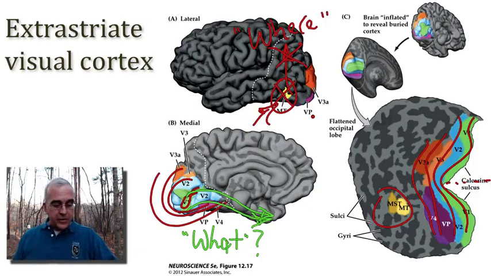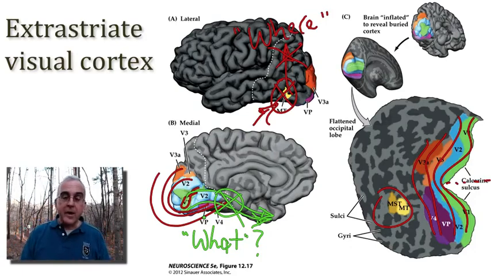On the other hand, there may be strokes or other kinds of brain lesions affecting the what pathway in the inferior part of the temporal lobe. Those kinds of deficits can be quite particular, affecting our ability to answer this question, what am I looking at? Or in human relations, who am I looking at?